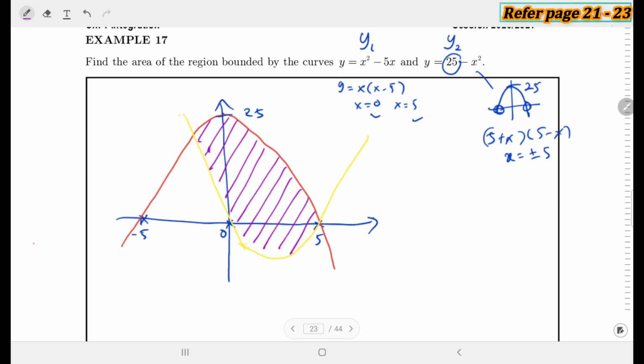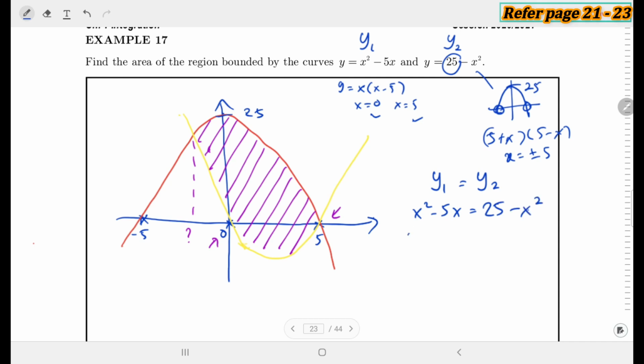Before we could find the area, we must first find the intersection points. Here is 5, here is 0. But how about this? At that point, the intersection is between y1 and y2. So as usual, we equate these two equations. y1 equals y2, so x squared minus 5x equals 25 minus x squared.